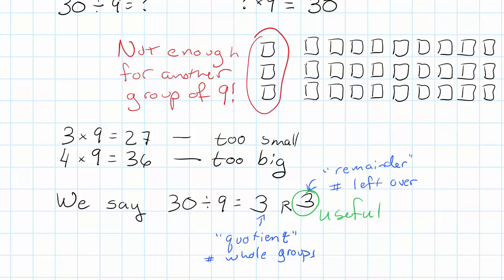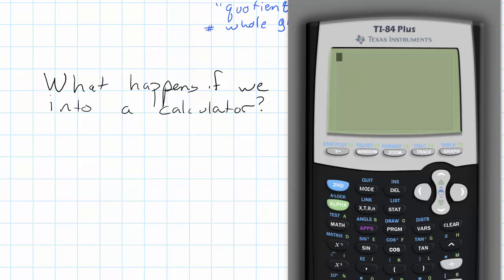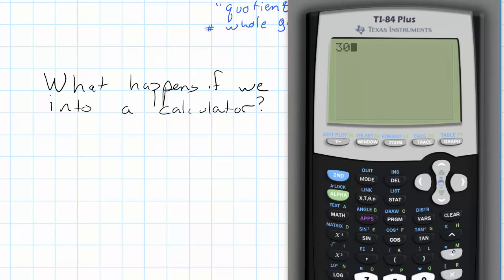But what would happen if we went and did this division on a calculator? Here we have the big fancy TI calculator. You might be using a less complicated calculator at this point, which is totally fine. But we punch in 30 divided by 9. And what do we see?